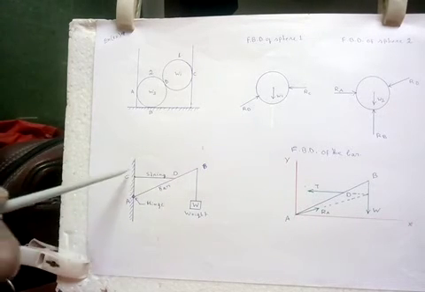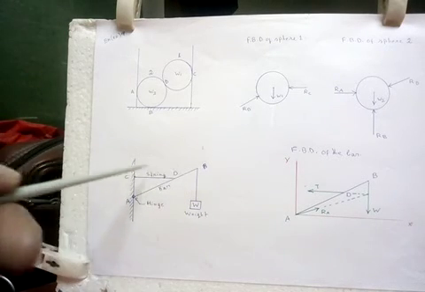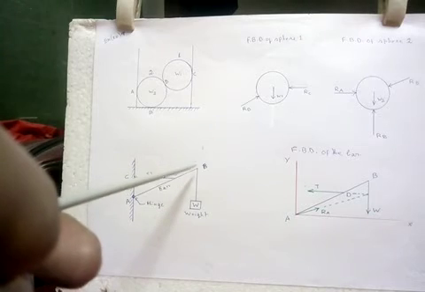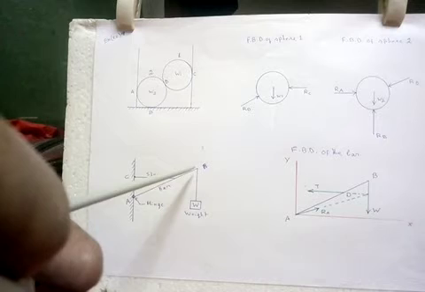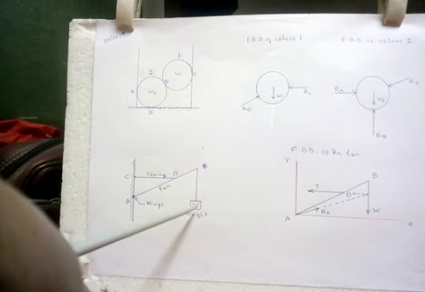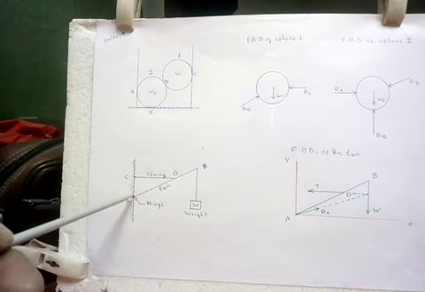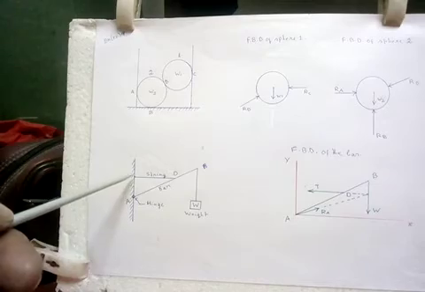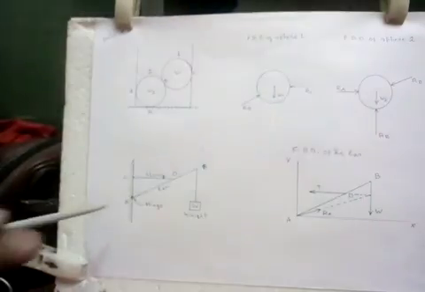AB is the beam and CD is the string which holds the beam AB with this wall. And at the end of the beam AB, a weight is hanging whose weight is W, and the beam is hinged here. The string is fixed here and the beam is hinged here. Hinged means it can rotate in this direction. So it is hinged here.